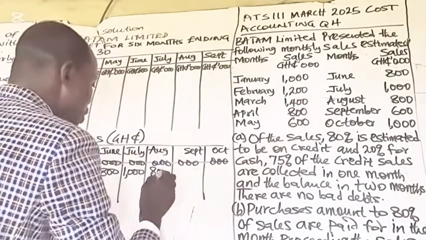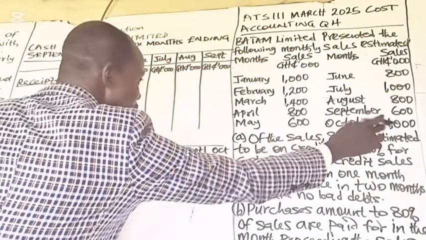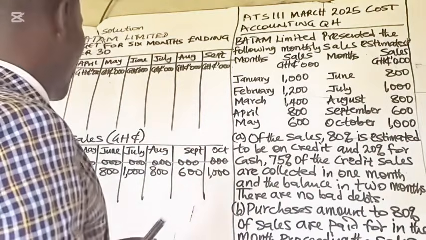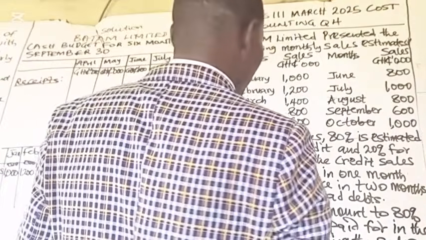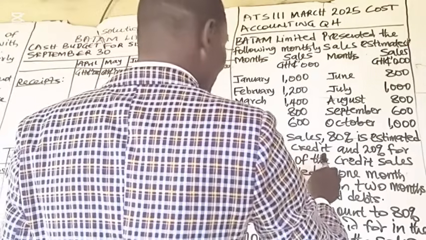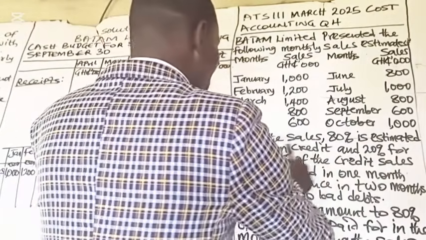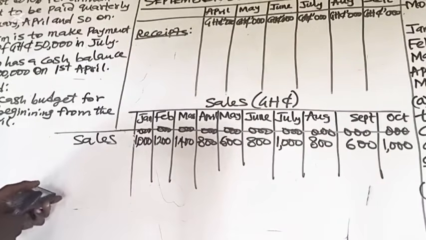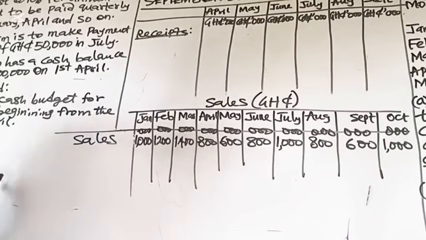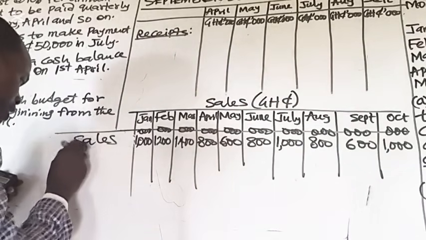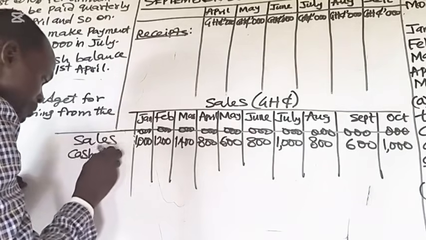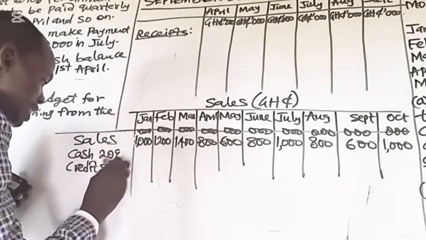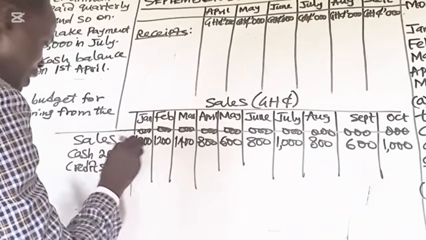September, we have 600,000. And October, we have 1 million. Now, you were told in note A that of the sales, 80% is estimated to be on credit and 20% for cash. Now, let's deal with credit sales and cash sales first. So cash sales, 20%. Credit sales, that is 80%. Now, let's estimate that.